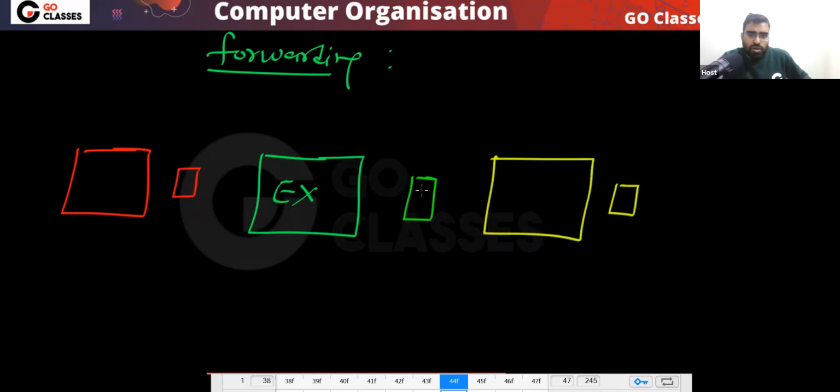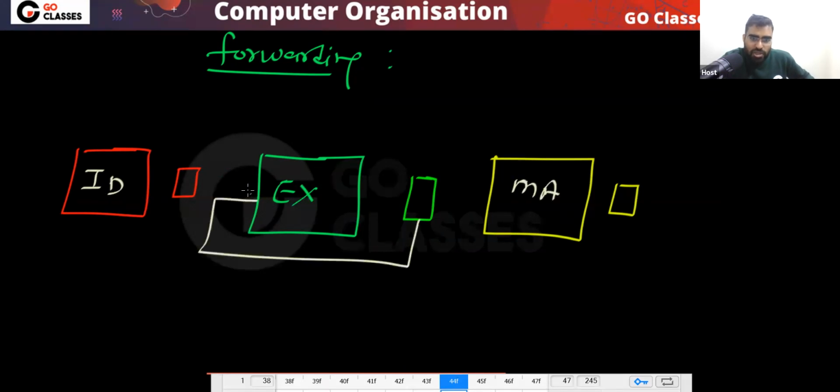You can notice that what we are finally doing is this: from the MA stage, we transfer this value directly to the execution stage. This is the data path. This is called the forwarding data path.